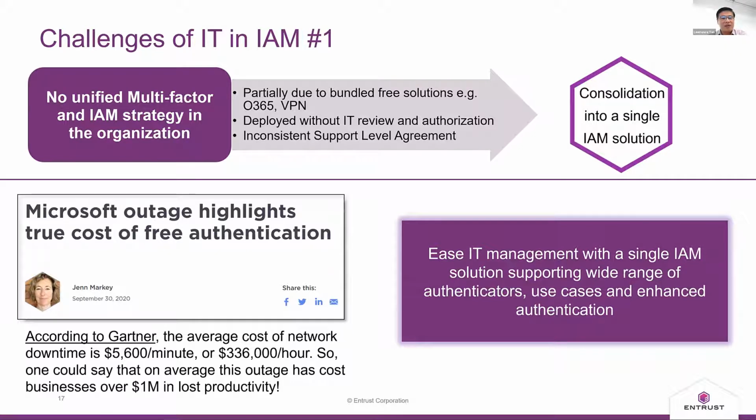Microsoft cited an authentication issue on a configuration change in the backend. But from a Gartner study, we found that there's a cost related to system downtime, especially the impact on lost productivity. So that's a huge cost that the user has to bear.